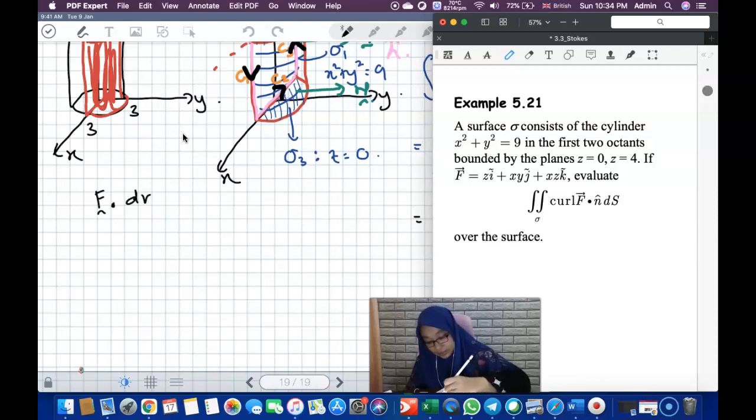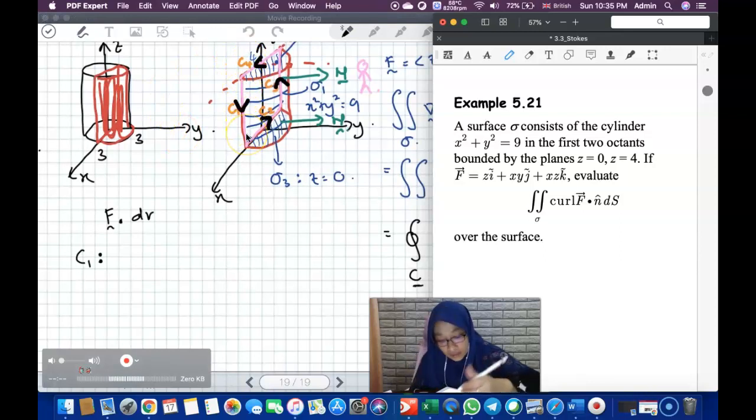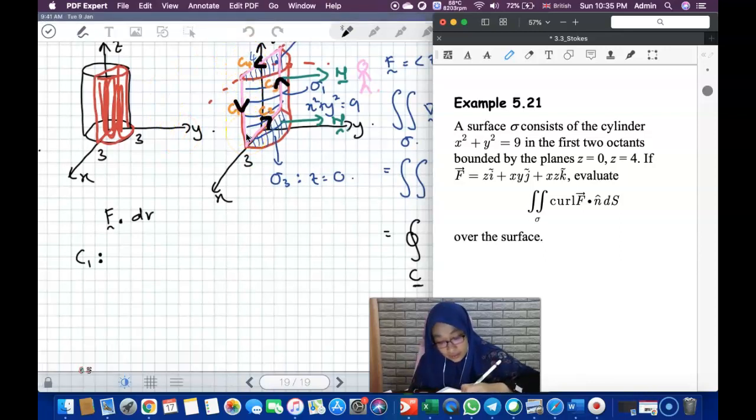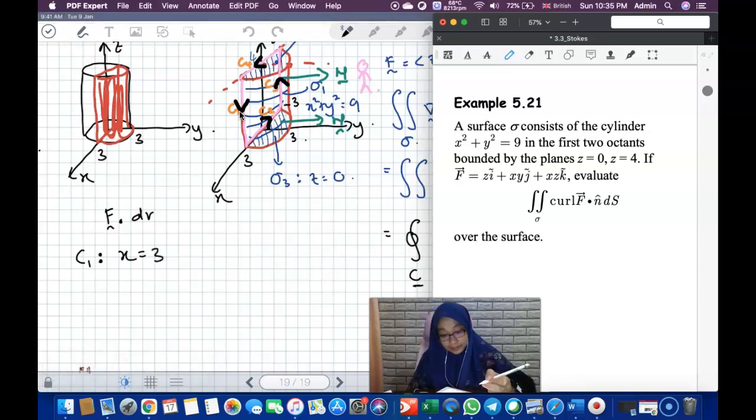Okay, so along C1, what is the equation that we have? This one is 3, this one minus 3 and this one 3. So along C1, we have x equal to 3. Since in the equation there is no z, only x and y, we can use x and y instead of converting to the parametric equation.